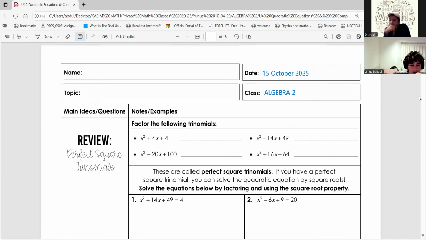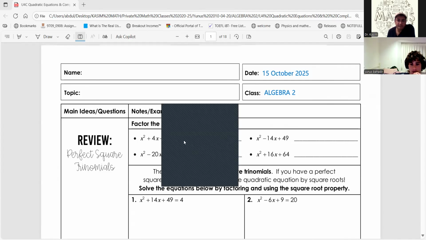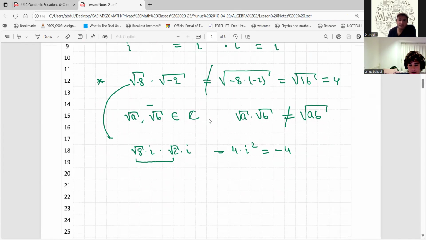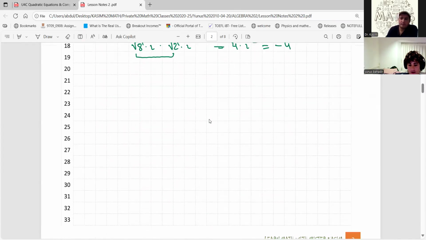It was multiple choice. It tells you four equations, and then it tells you a binomial. You have to say which equation this binomial is a factor of.